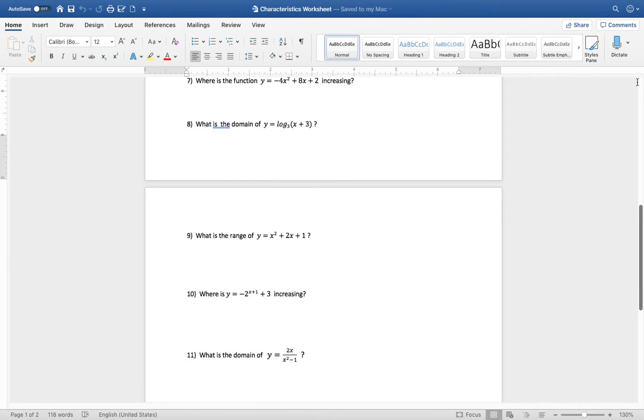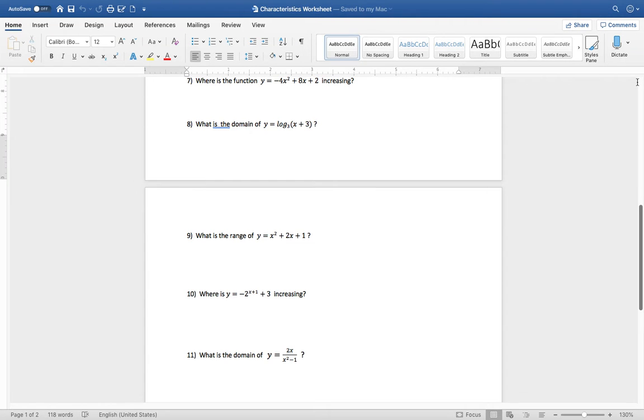Number 10. Where is this thing increasing? This is y equals negative 2 to the x plus 1, plus 3. Oh, increasing. So that's what it should look like if that was positive 2 to the x. It looks like this.